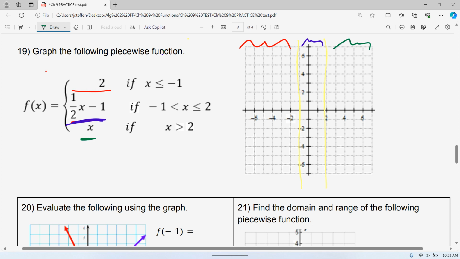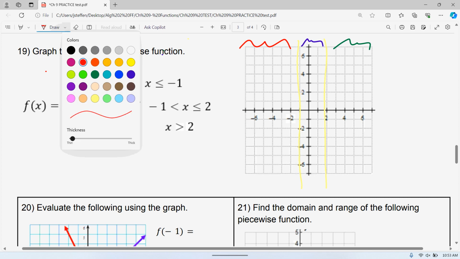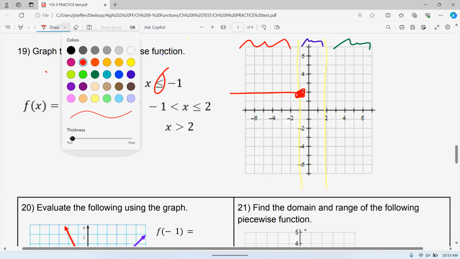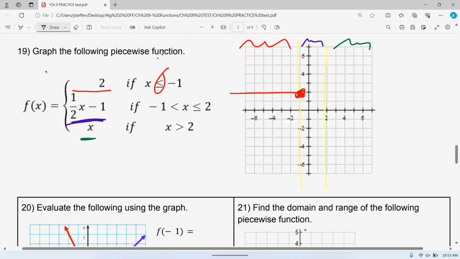The good news is this first one is a horizontal line. There's no x or anything with it, so it's just a horizontal line of 2, and it is filled in. So it's got the equal to part. Slope-intercept form, so -1 is right here, and you go up 1 over 2. Whoops. I shouldn't have drawn that past those yellow lines. That was close.